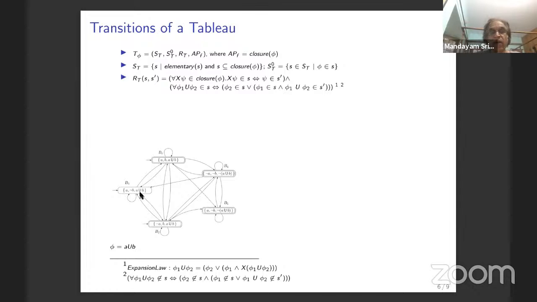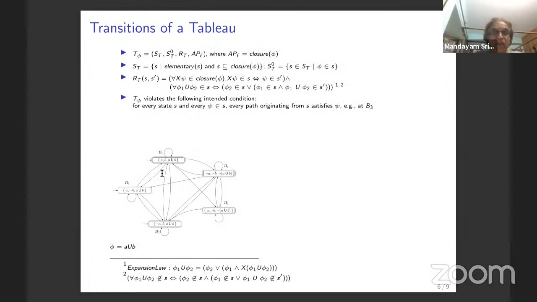Otherwise, in certain states where you expect a liveness property to hold, that eventuality might get violated due to the path being unfair. That's why you put a fairness constraint, so that you do not include these certain kinds of paths, and that eliminates these eventuality problems.